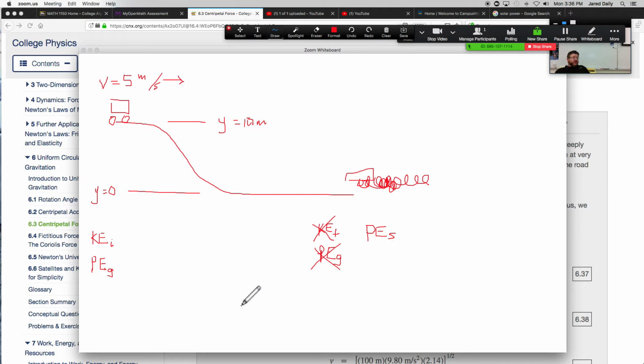The work-energy theorem, or the conservation of mechanical energy, either way you want to call it, says that all the energy you have at the beginning has to equal all the energy you have at the end. So in this case, we have the initial kinetic energy plus the gravitational potential energy at the beginning. These are our two beginning energies, and those have to equal the energy at the end, which is all spring potential energy.